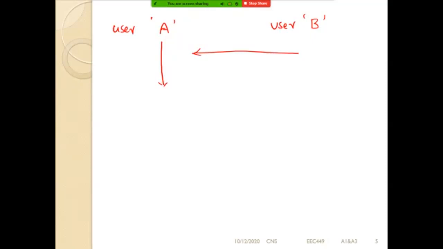Initially, there are global prime numbers Q and alpha. Using this Q and alpha, user A will assume some random number XA which is less than Q, and this XA we call the private key.